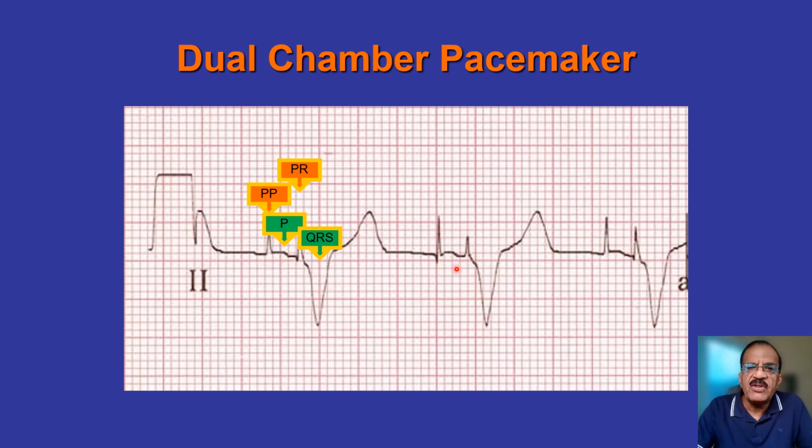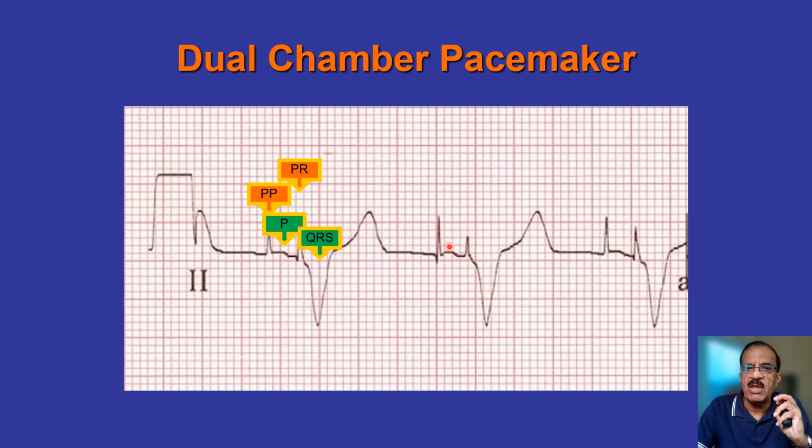If somebody has just one spike, and this spike is not there, then the problem is not in the AV node, the problem is perhaps in the SA node, and that person has a single chamber pacemaker, the atrial electrode, not the ventricle. So there will be only one spike followed by a QRS complex. Or there may be just one spike in the ventricle.